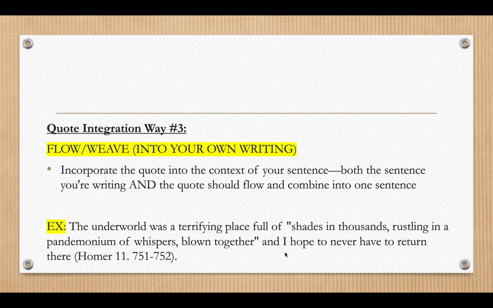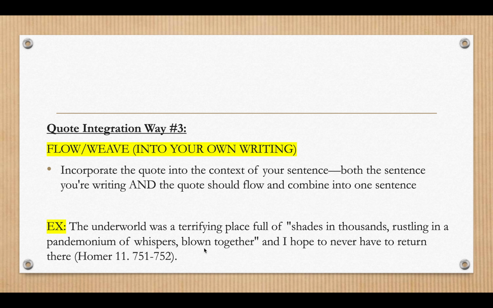It hiccups a little bit, but with this flow or weave example, everything combines and flows together. So if I were to take off my quotation marks right here and get rid of my citation, you wouldn't even know that these words aren't my own, right? Because I've combined the quote with my own writing so well that it becomes a better, new combined sentence.